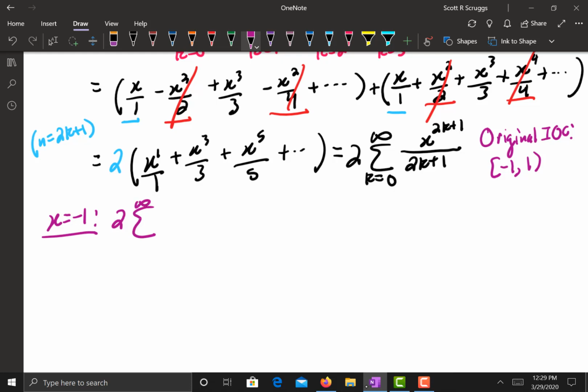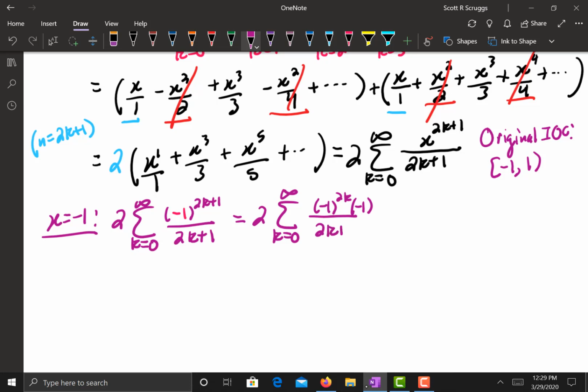Plugging in -1 for x, I get (-1) to the 2k plus 1 over 2k plus 1. I can rewrite this as the sum from k equals 0 to infinity of (-1) to the 2k times -1 over 2k plus 1.